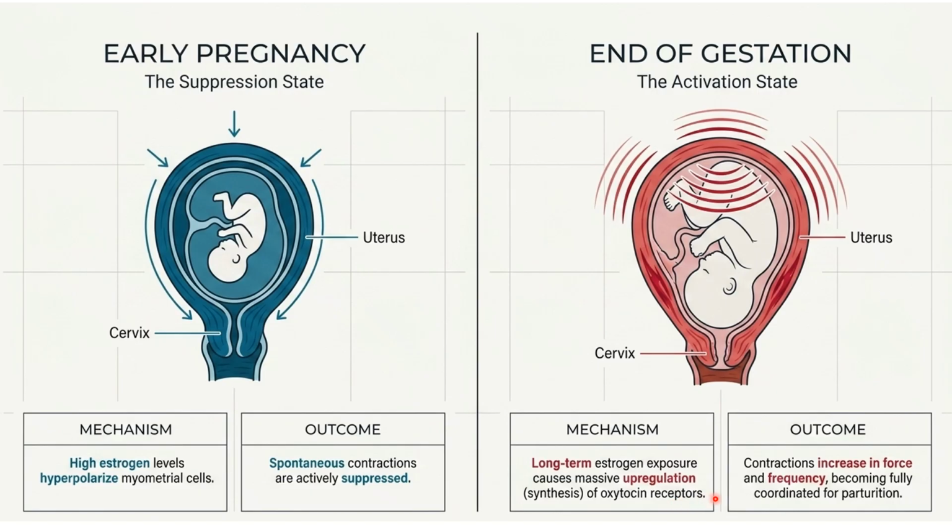And the outcome is that the contractions will start to increase in force and frequency, meaning in amplitude and in frequency, becoming fully coordinated, ready for the delivery of the fetus by the start of widening or opening of the cervix.